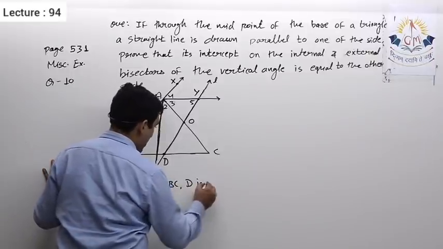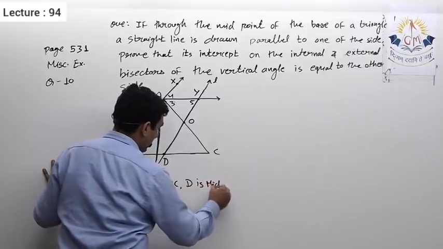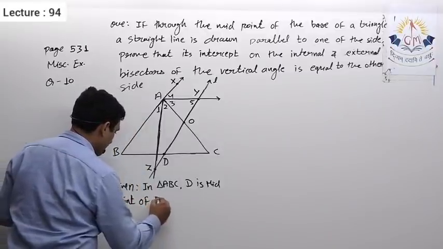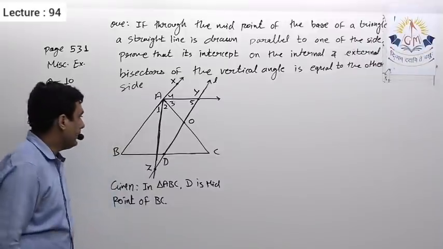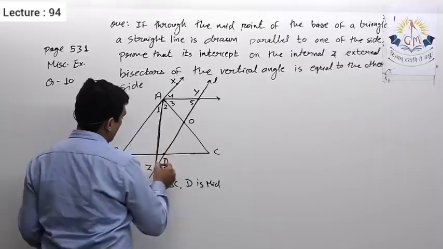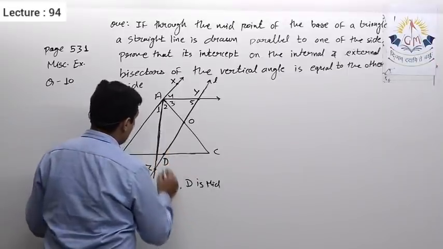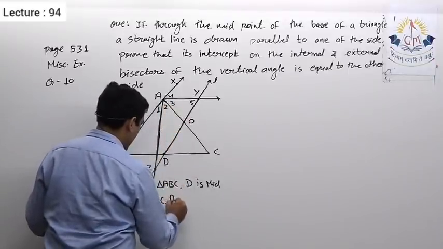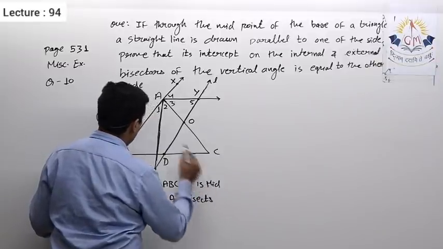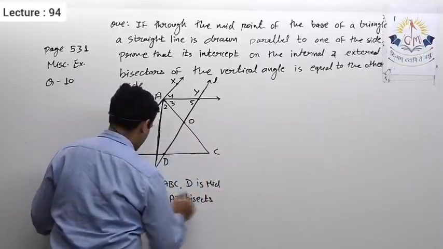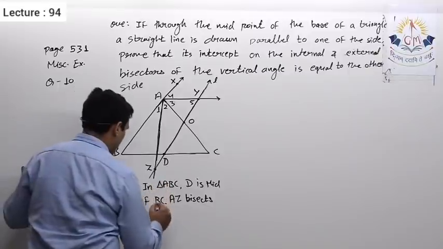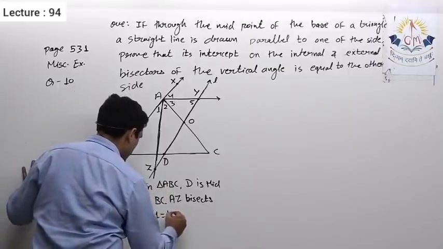Next, AZ bisects angle BAC, that is, angle 1 is equal to angle 2.